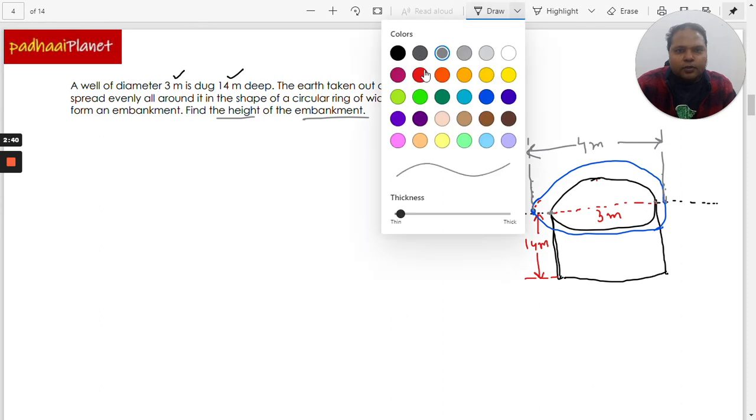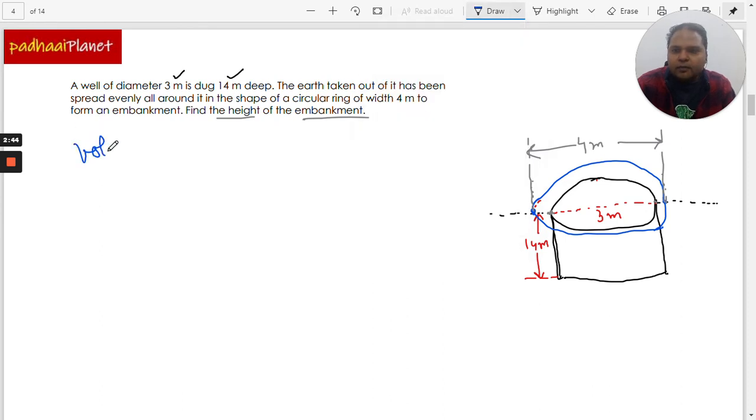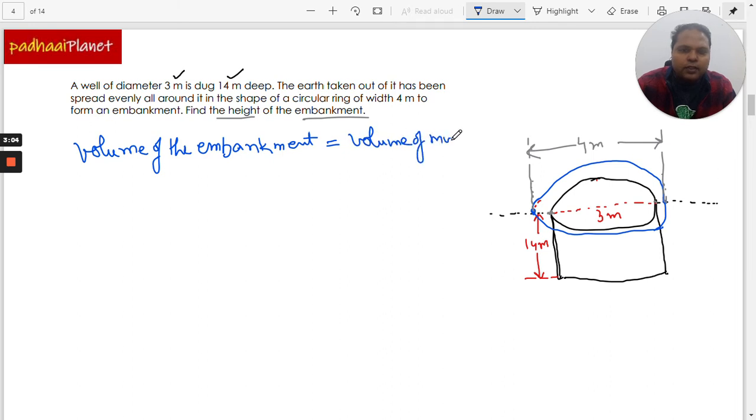Now let's put the relationship first, and that is the volume of the embankment is equal to the volume of the mud which is taken out from the well.